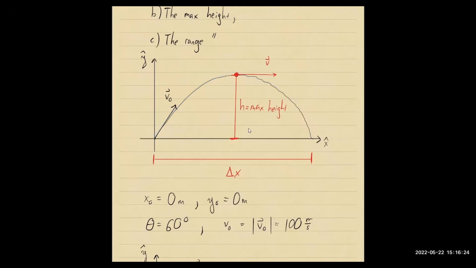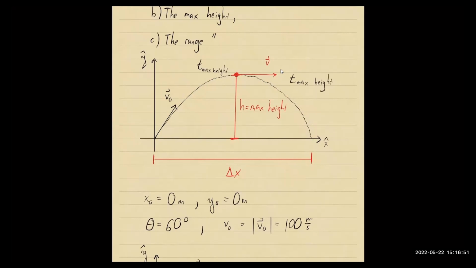That is the amount of time it took to reach its maximum height, call that T max height. And you don't have to write this, I'm just writing it down. The amount of time it takes to reach max height is the same amount of time it takes to fall back down again.